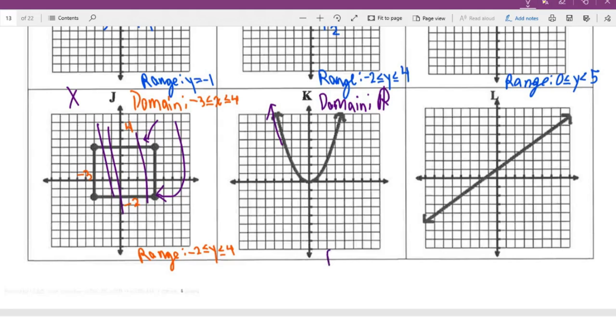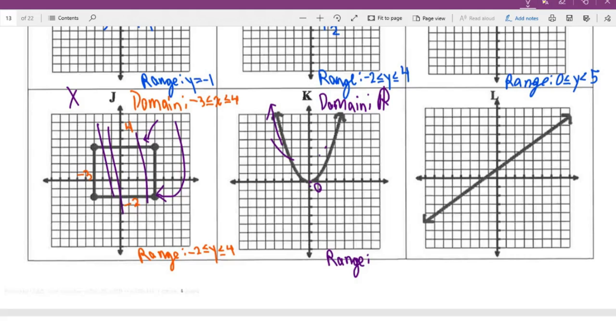For our range, let's start at our origin 0. Our range starts here at 0. But it also goes on forever. It touches every y value including 0, but also every value after it. It doesn't include any value under 0, but every value including 0 and beyond is in the range.